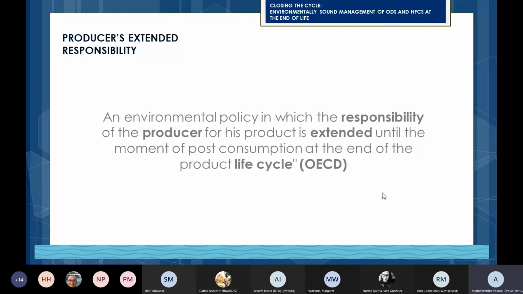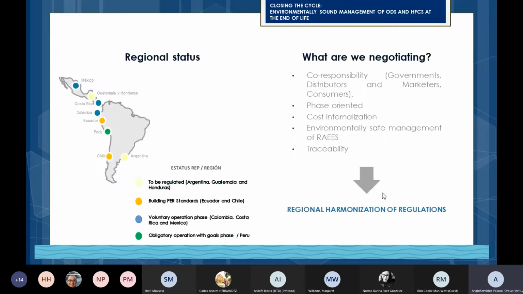Here we show the definition of the OECD, as Nidia put it before in her presentation. I just want to mention the words: responsibility is an extended policy. It's not exclusive and it's been designed to respond to the product life cycle. Please move on to the next one.